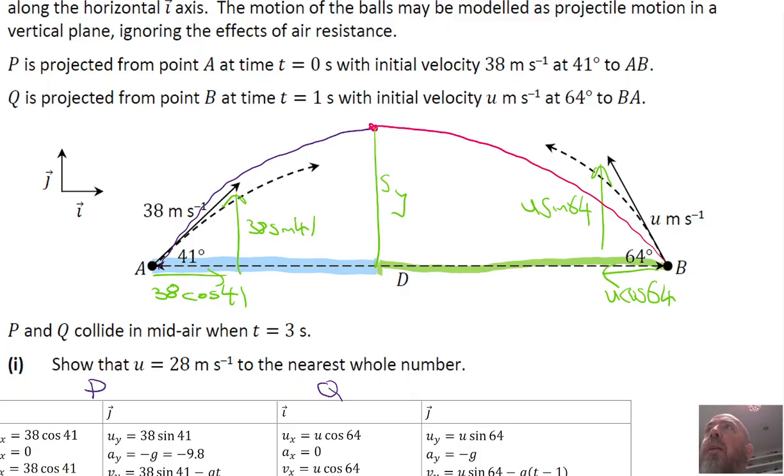So the distance P has traveled and Q has traveled adds up exactly to the distance between them from when they started. If Q has traveled halfway there, it means P has had to travel the other half. If P has traveled 1/5, it means Q has traveled 4/5.